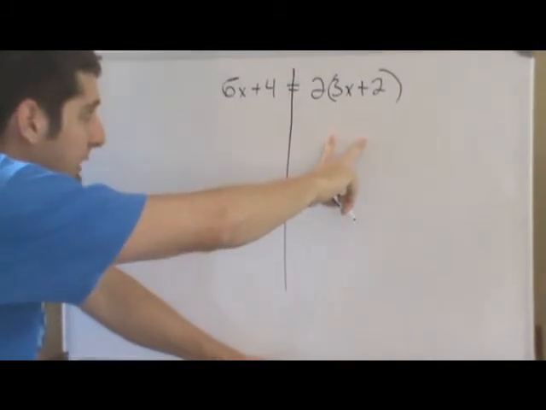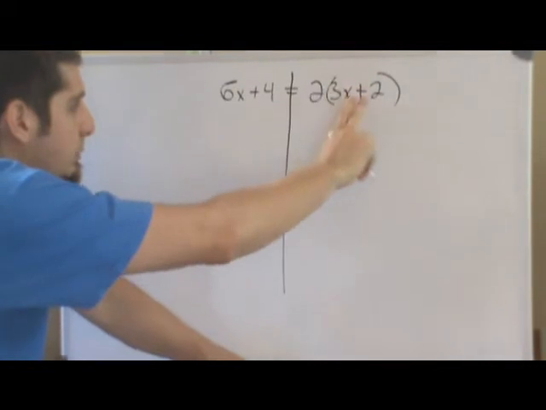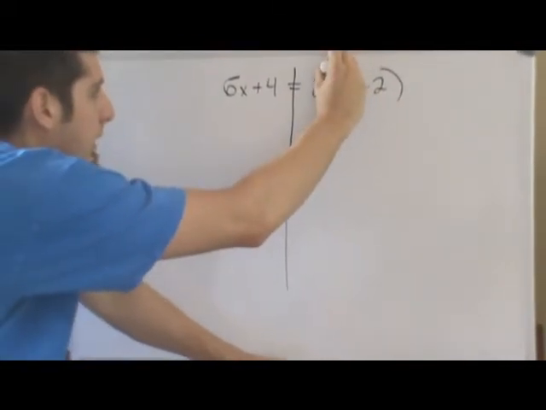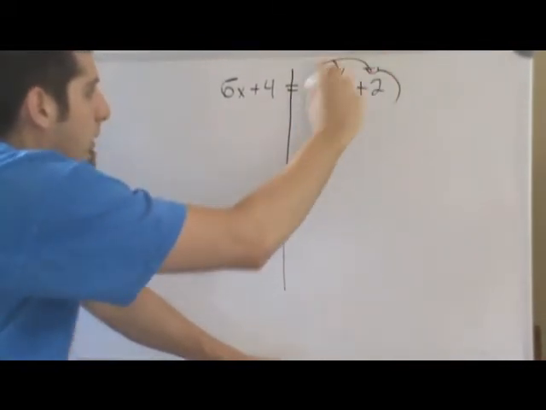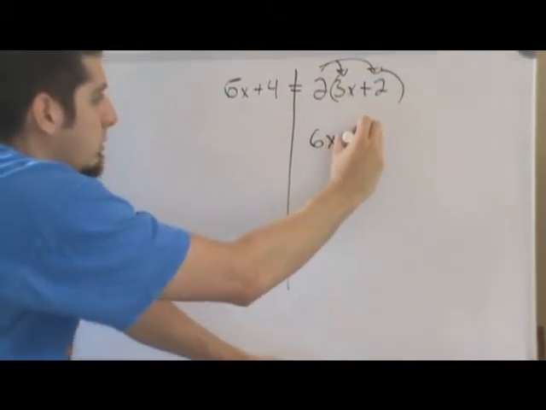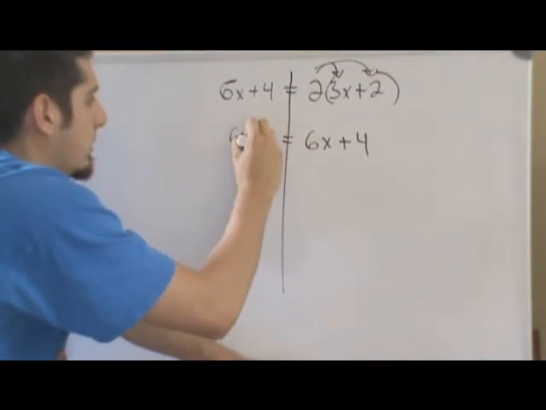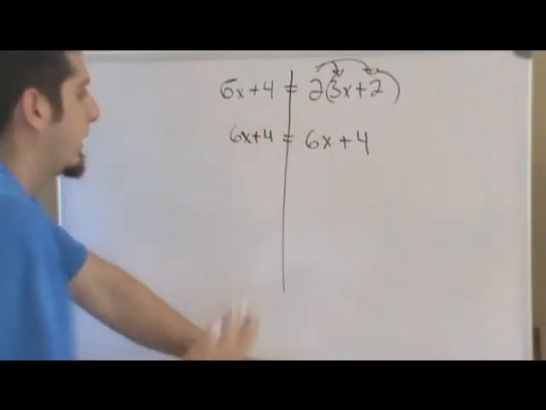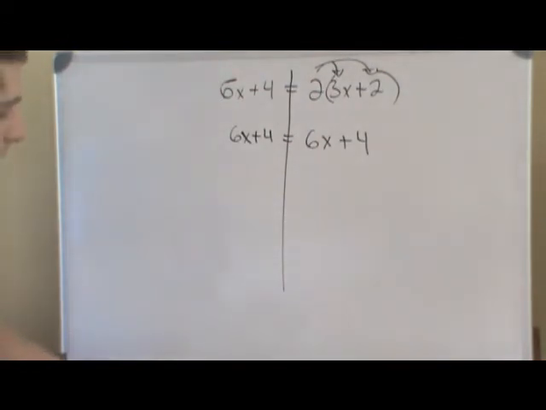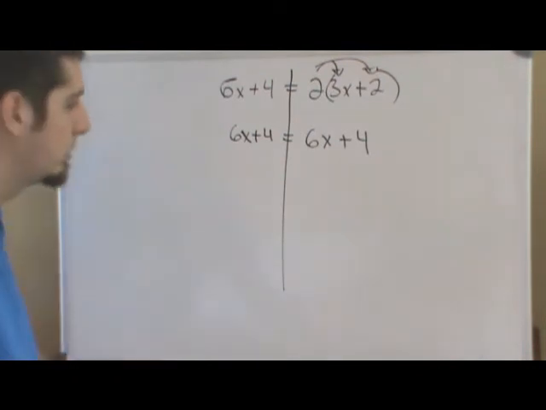So if we simplify this, you'll see that this will actually get me 6x plus 4. To get rid of those parentheses, I need to use the distributive property here. 2 times 3x gets you 6x. 2 times 2 gets you 4. We keep the sign in the middle. And as you can see, I have the same thing on both sides. So if the same exact looking equation is on both sides, all numbers is the solution.